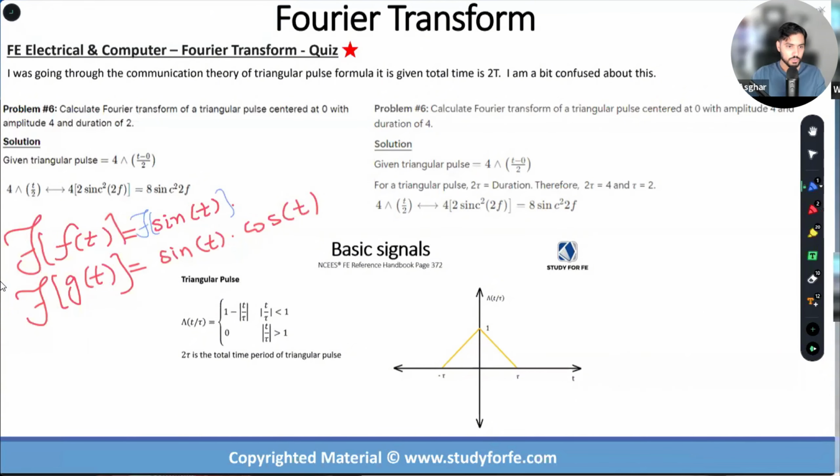What I find students doing for cases like g of t is they go ahead and apply Fourier on sine of t, a Fourier on cosine of t, and multiply them together. It is absolutely wrong. Please don't make this mistake.